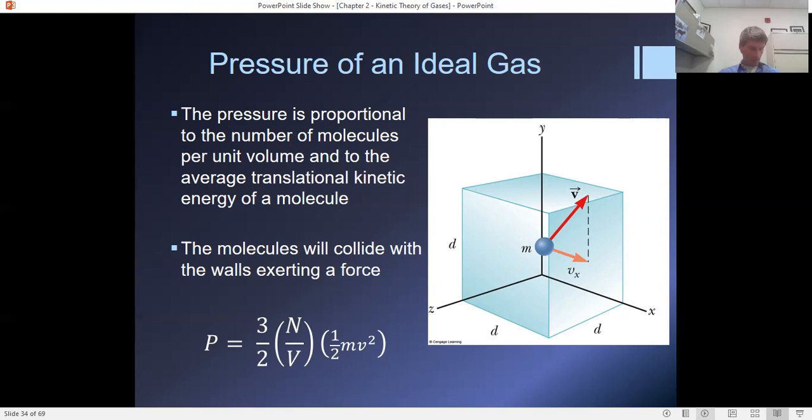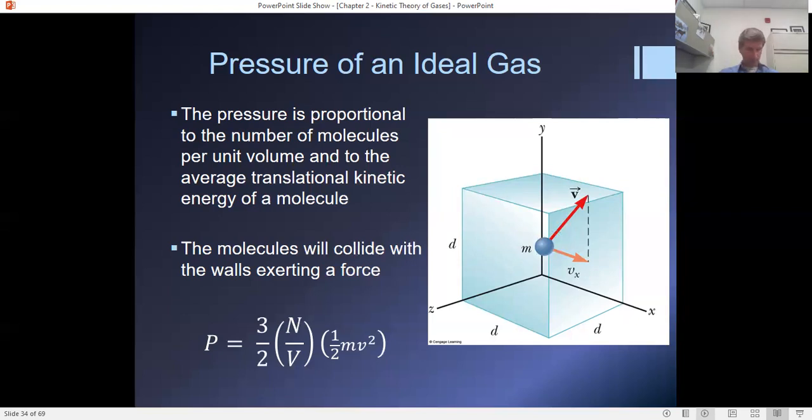Okay, so let's start with a particle in a box. And here we have this particle in a box. It's bouncing around. It has some mass m. And throughout this model, we're going to use molecules all of the same mass. So this is homogeneous.